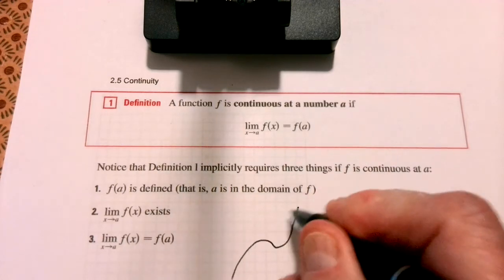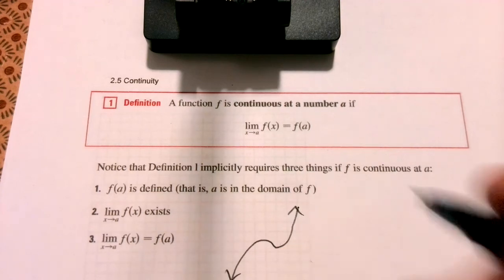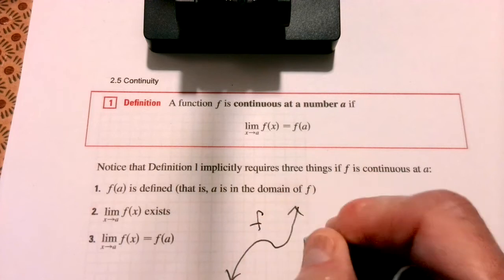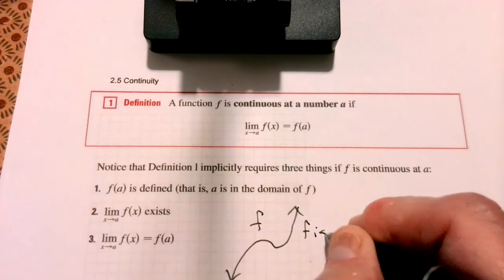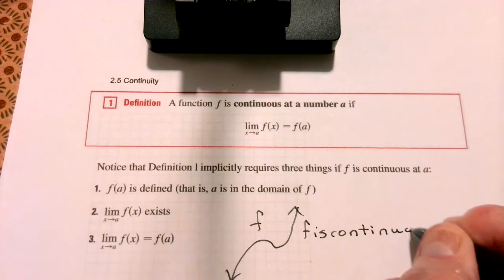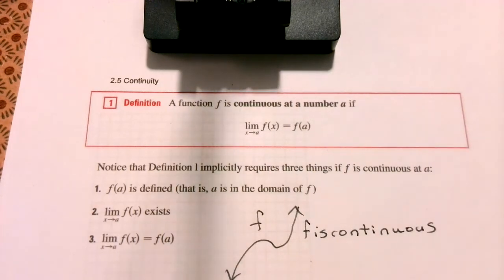Say something like this. This is f. F is continuous. Now, there's a lot of different types of continuous. It can be continuous on an interval. It can be continuous at a point. It can be continuous everywhere. It can be continuous from the right or from the left.